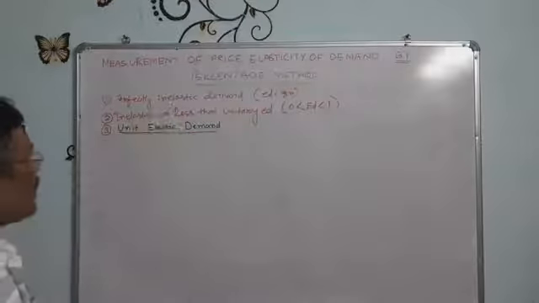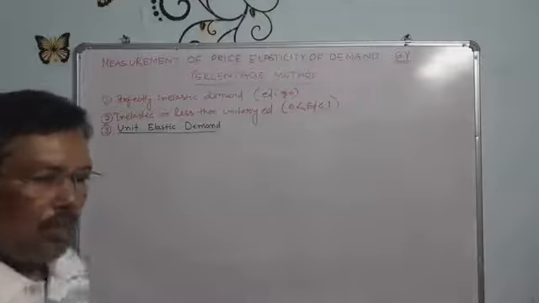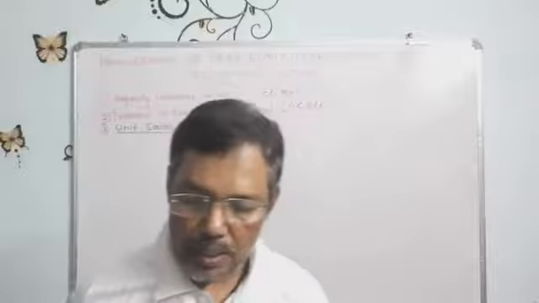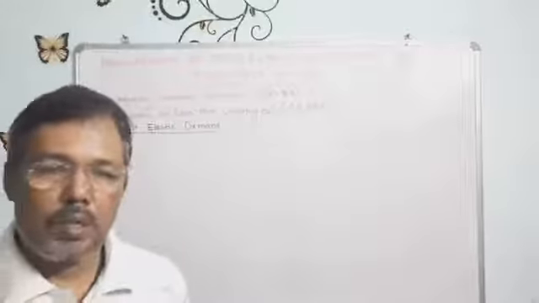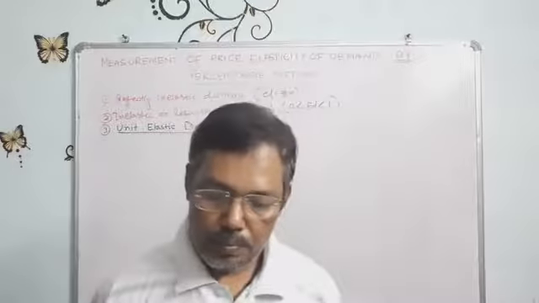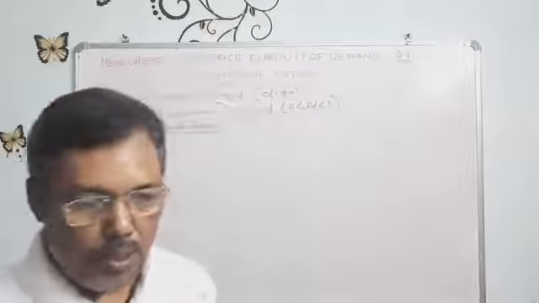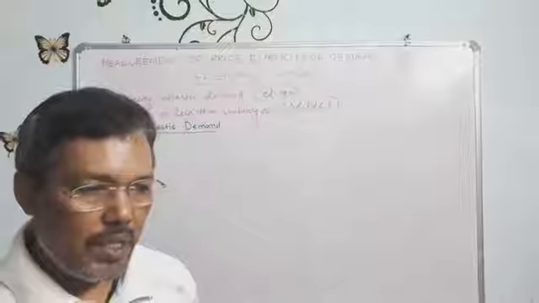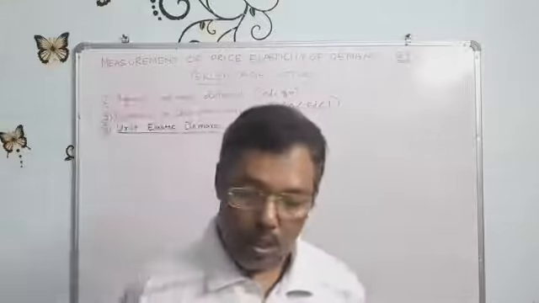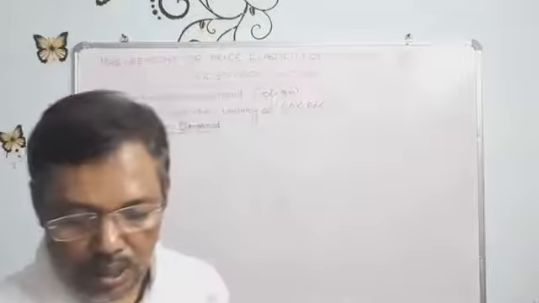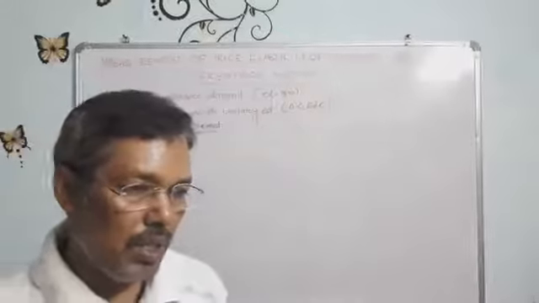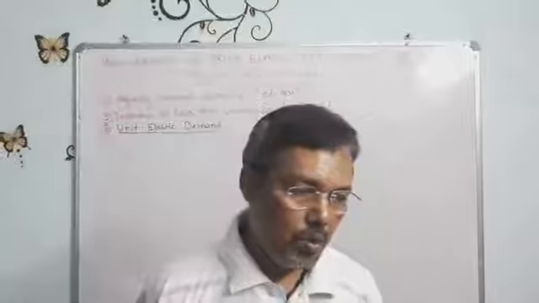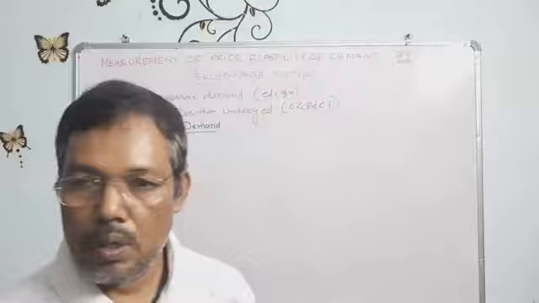What do you mean by perfect inelastic demand? It means whatever may be the change in the price, the quantity demanded will remain the same. That is the case for very essential goods, like life-saving drugs, the best example to save our life.